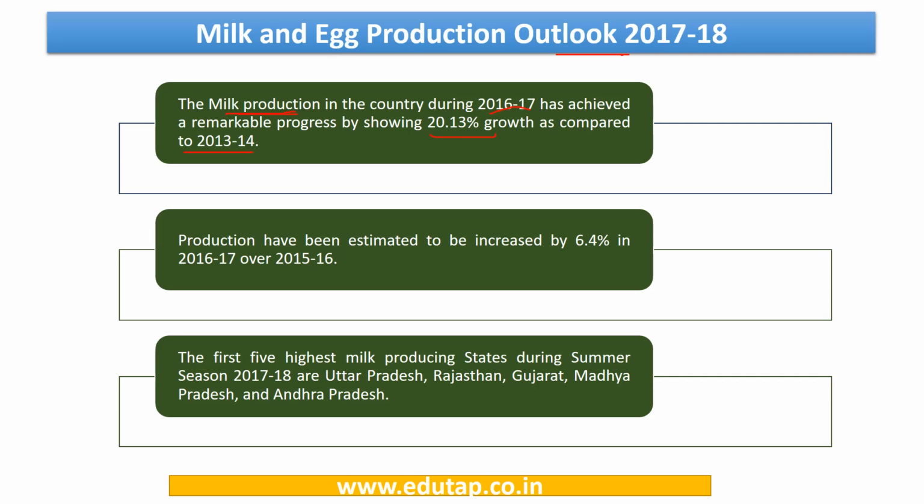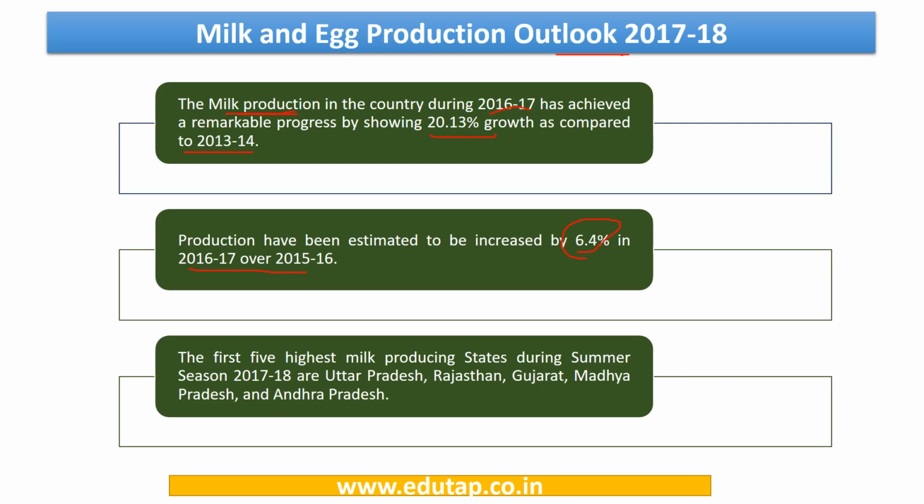The production for the year 2016-17 over 2015-16 has increased by 6.4%. In the past, the growth rate has been 6.3% for the year 2014-15, and similarly around 6.3% for the year 2015-16 as well.